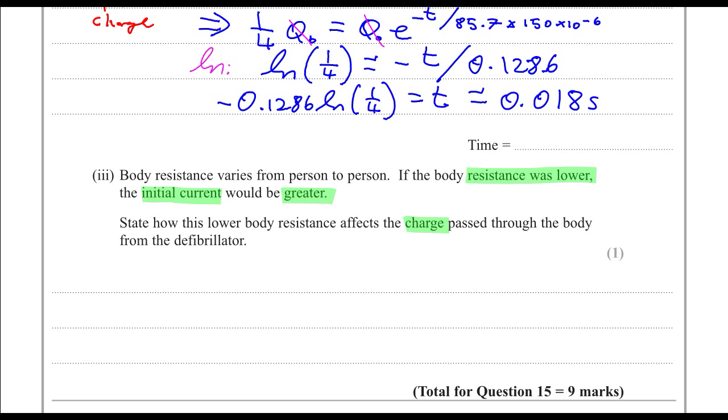Well, if we have a higher current, given that we have a fixed amount of charge, because the capacitor has a certain charge stored in it, and we have actually calculated it before, that will not change, because it's only about the charging of the capacitor, and it will store that fixed amount of charge, whatever the resistance of the body is.